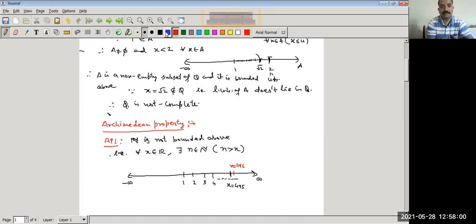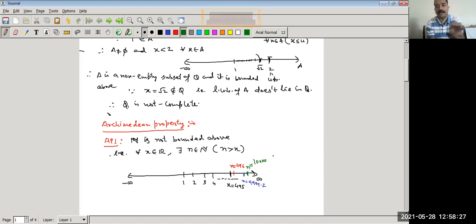Let us take another x that is equal to 9999.2. This is a real number. Can we find a natural number which is greater than it? Yes, we can find a natural number n that is equal to 10,000.